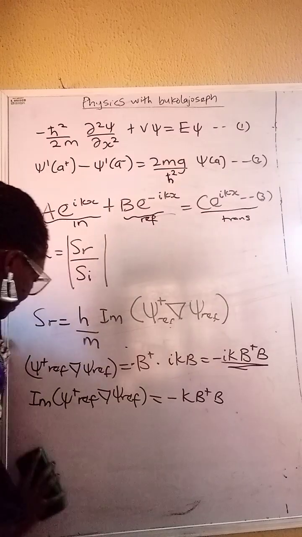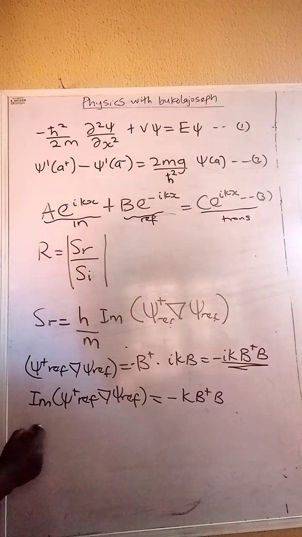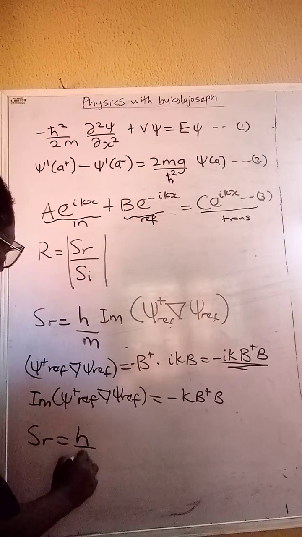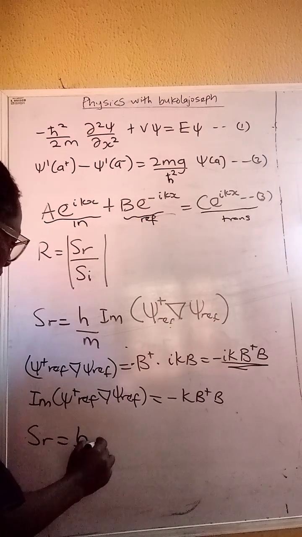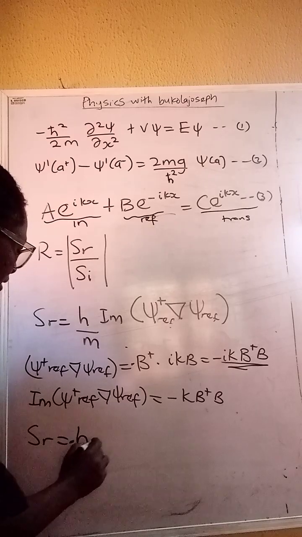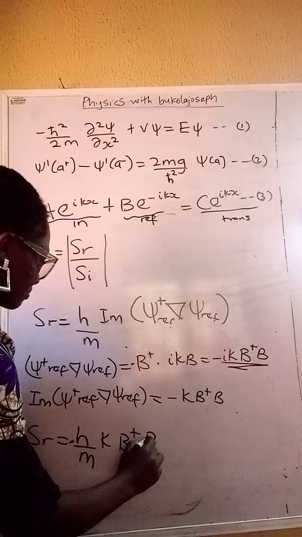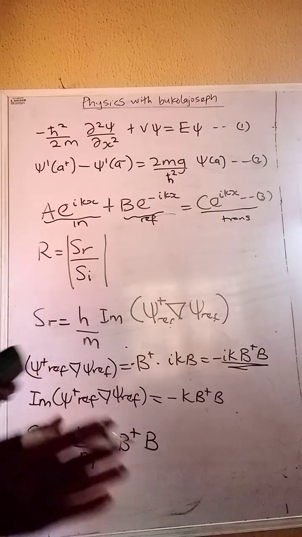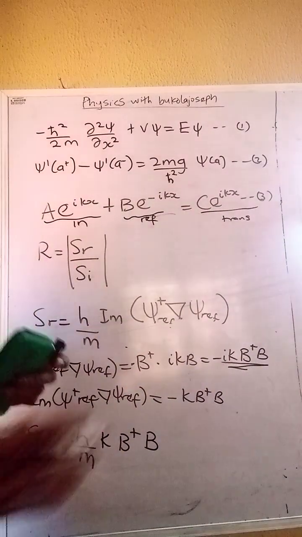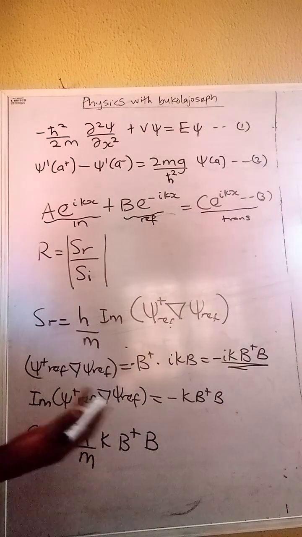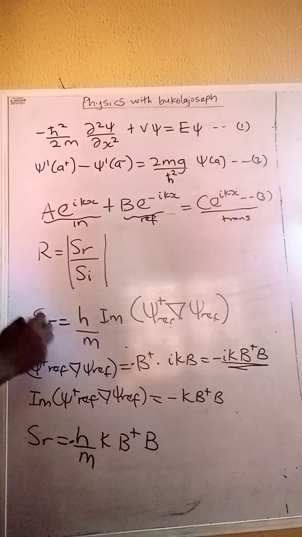So finally, we have SR is equal to minus h over m k b dagger b. So, using the same principle, just the way we solve this, let's establish this.